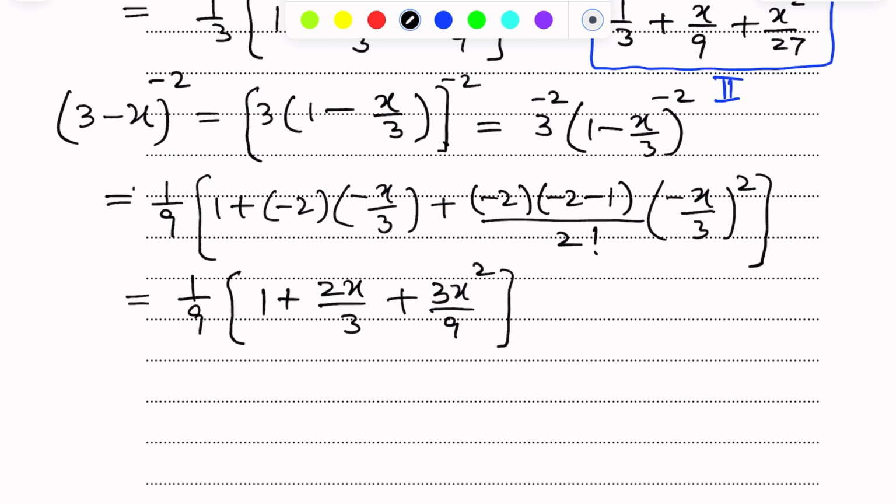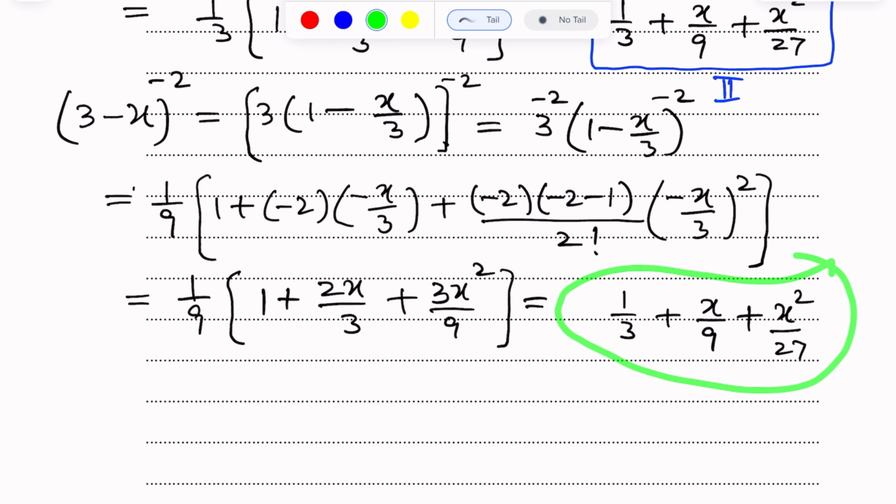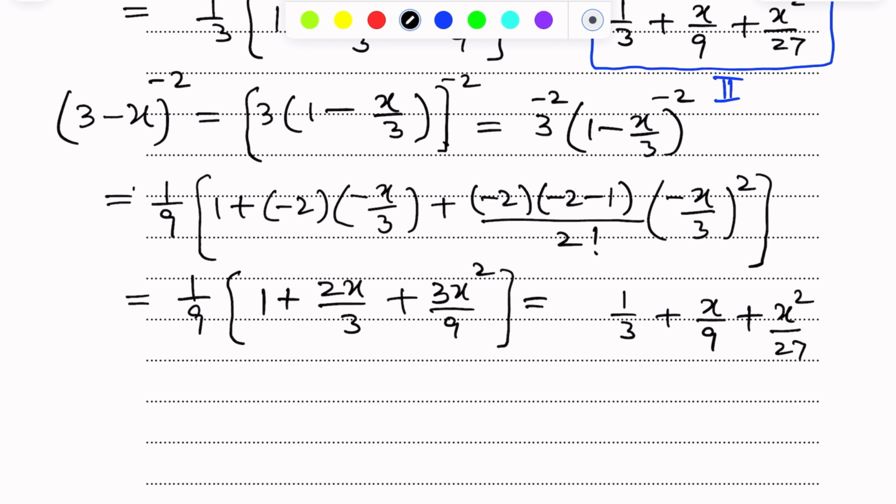Now multiply by 1 over 9 each term within the bracket. We get 1 over 9 plus 2x over 27 plus x square over 27. This is the expanded form of box number 3.